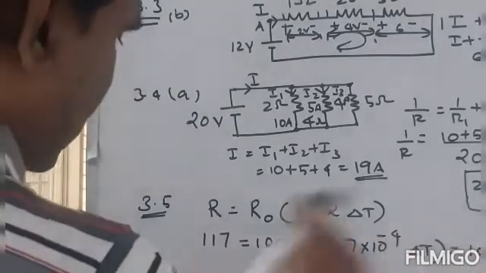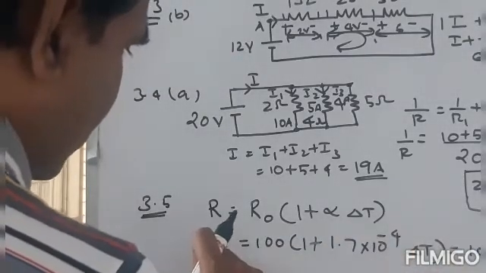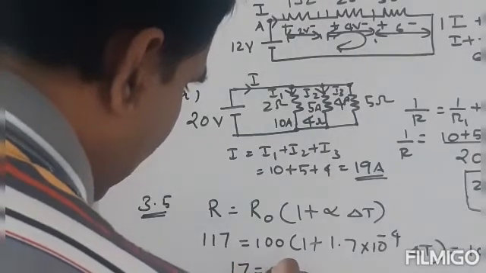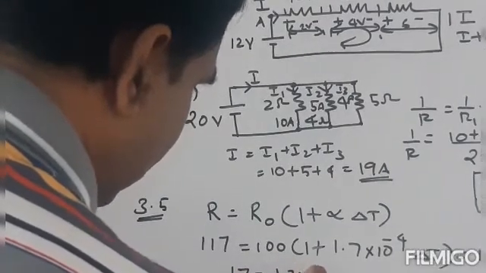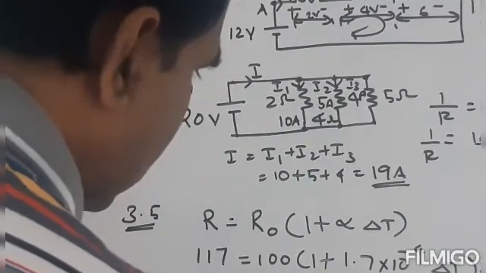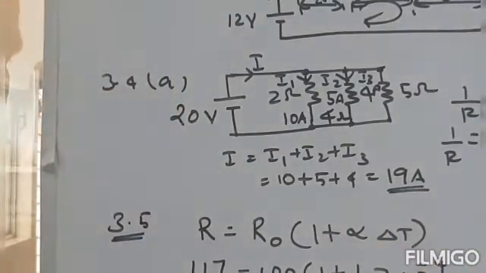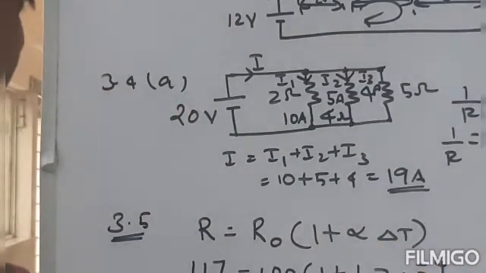So when I bring this here, 117 minus 100, 17 is equal to 1.7 into 10 power minus 2 into T minus T naught. That is my delta T. So what would I have here? It's going to be 17 into 10 power minus 3.